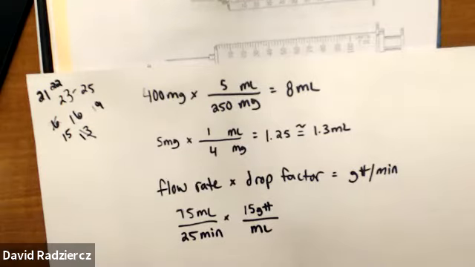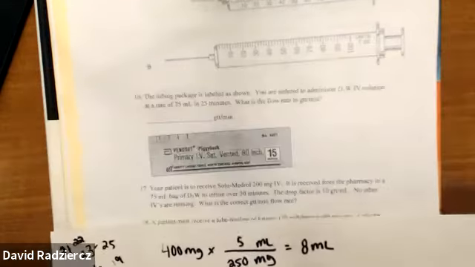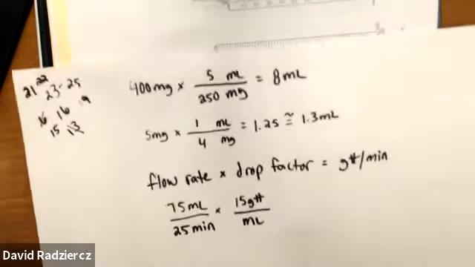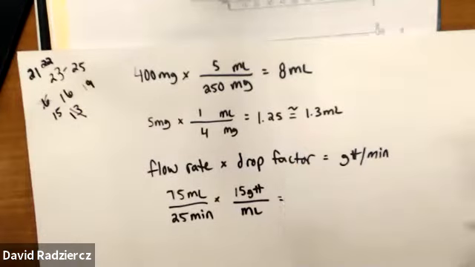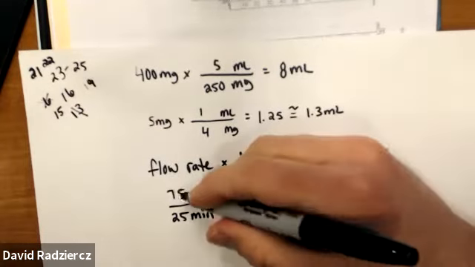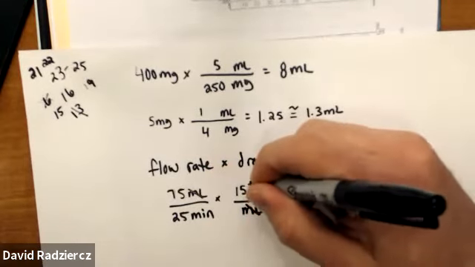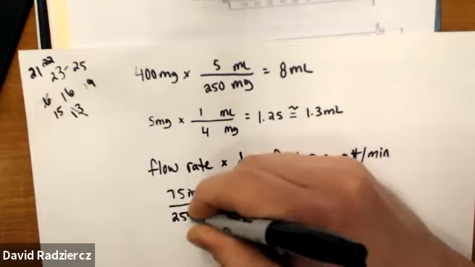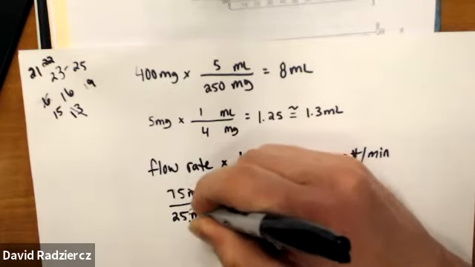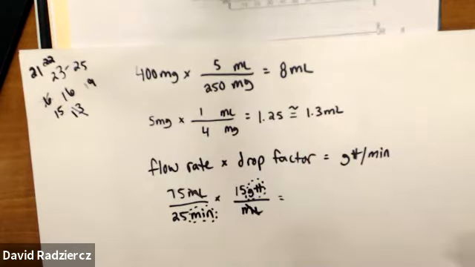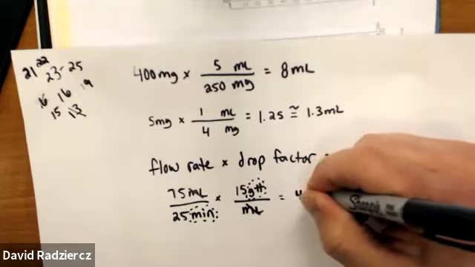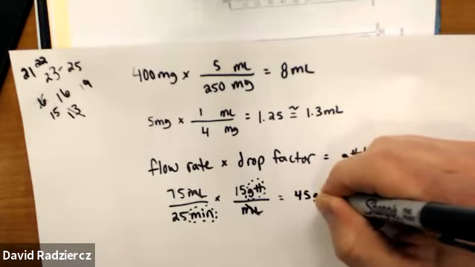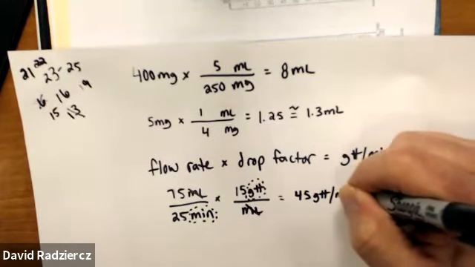It was written on the label. Okay, and now all we got to do is the math. Okay, we've eliminated milliliters. We're left with what we're looking for, drops per minute. And when you do the math, you'll get 45 drops per minute.